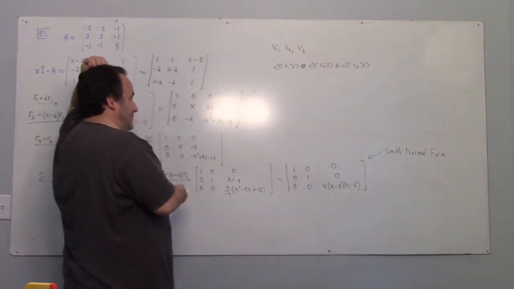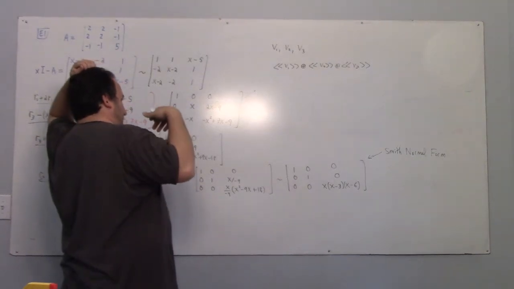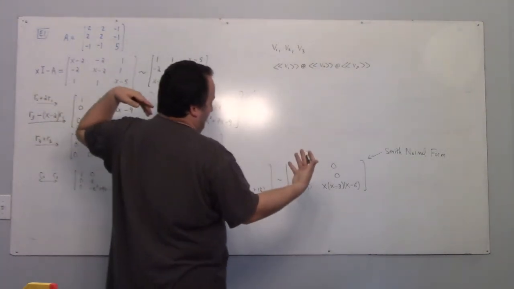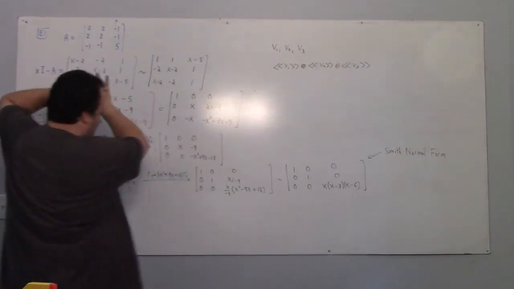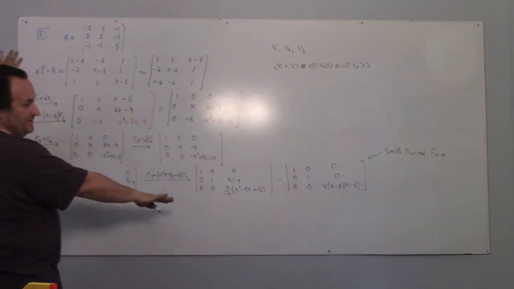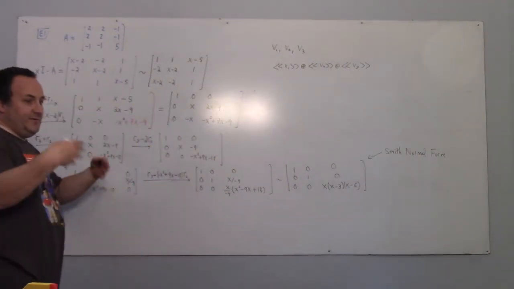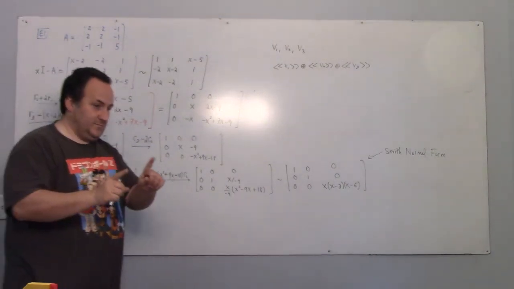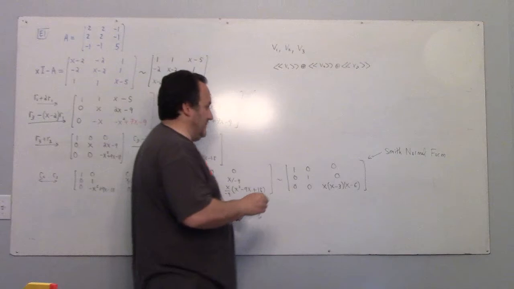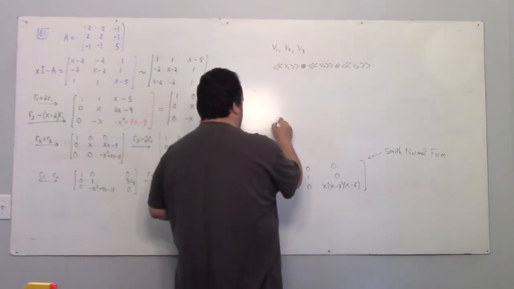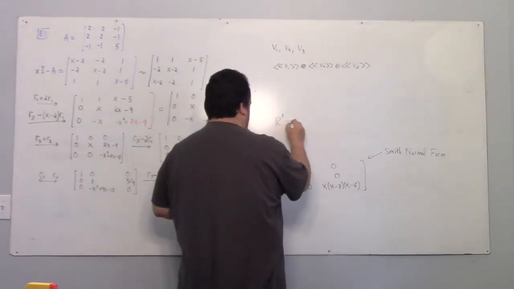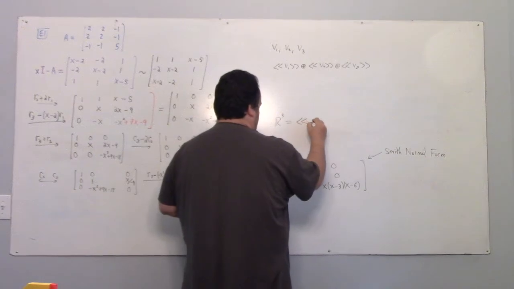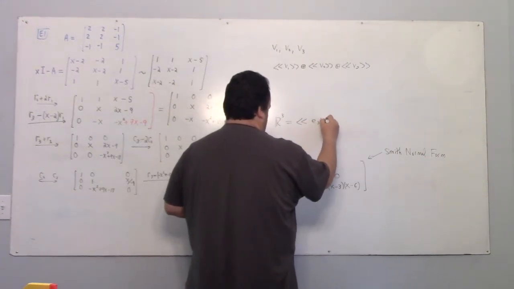But it turns out, because of this calculation, that in fact you can throw away two of your generators and just use one. Right? In fact, R3 is equal to, we could do it like this, I guess.